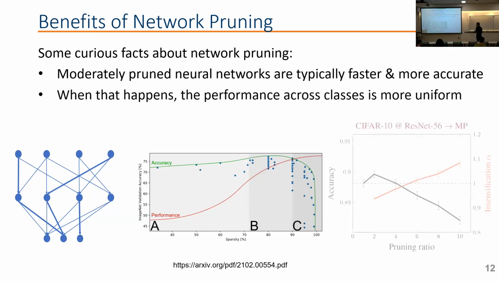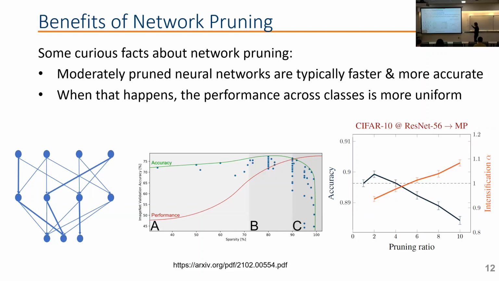And the other thing that we have observed, and this was a paper we published last year at NeurIPS, is that the accuracy or the performance of the neural network gets more evenly distributed when we do pruning. So in this case here, we were looking at a ResNet on CIFAR10. And what you can see here with this intensification ratio alpha is we were calculating the balance between performance for each class, which is what we call recall, compared to the accuracy across all the classes.